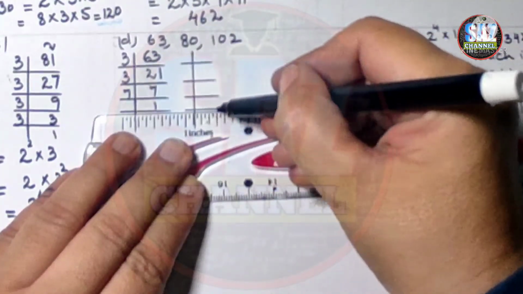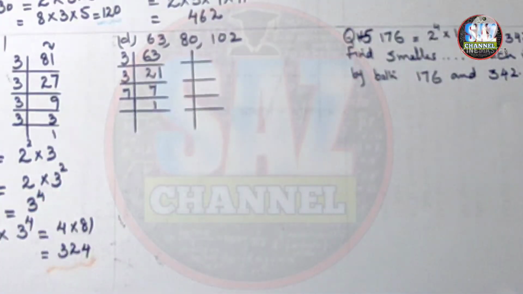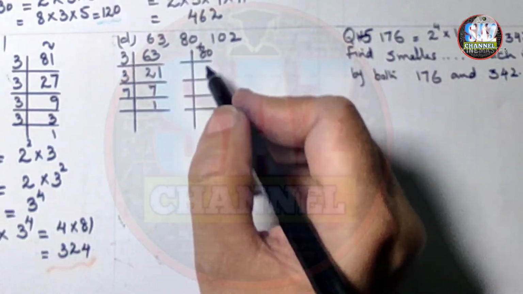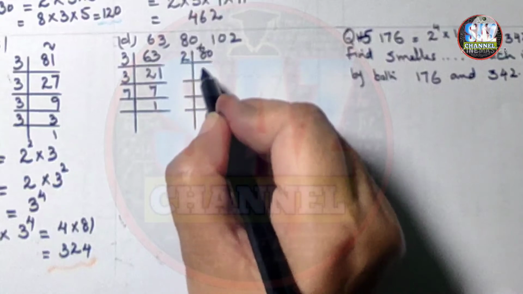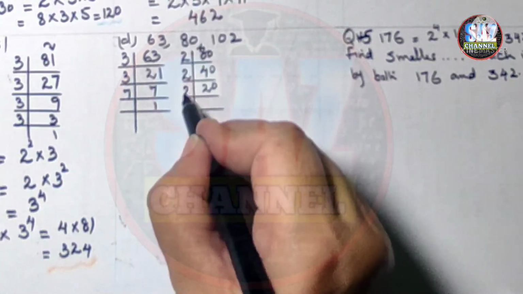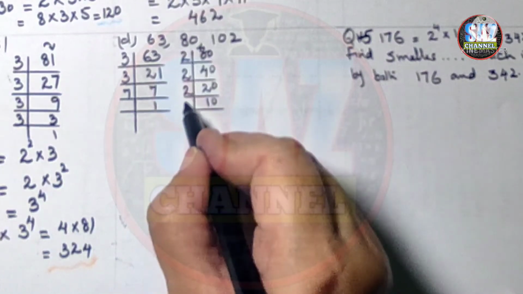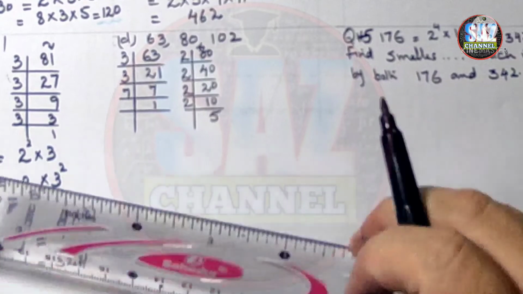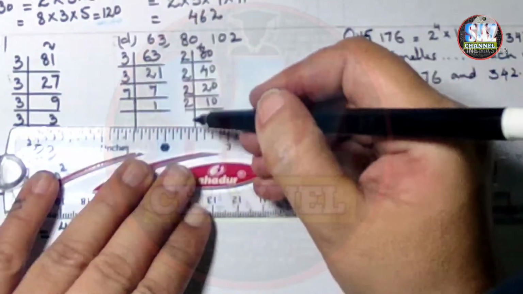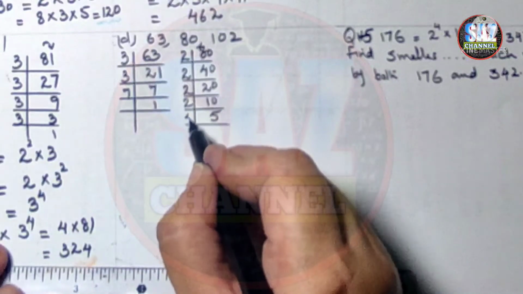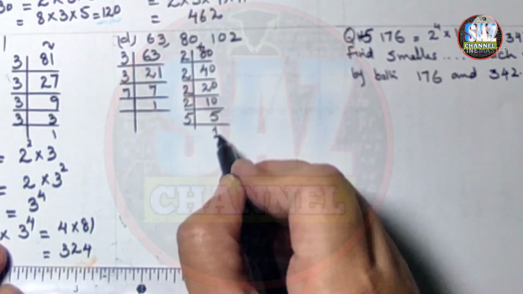Okay, always connect your lesson with the previous lesson, because lessons of mathematics are integrated with each other. 2 40s are 80, 2 20s are 40, 2 10s are 20. Okay, table of 2 only. 2 5s are 10, and the last number is not even, so we cannot divide this number even by 3. This is 5 1s are 5.